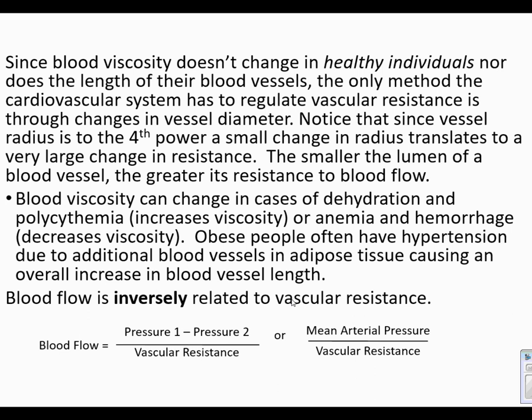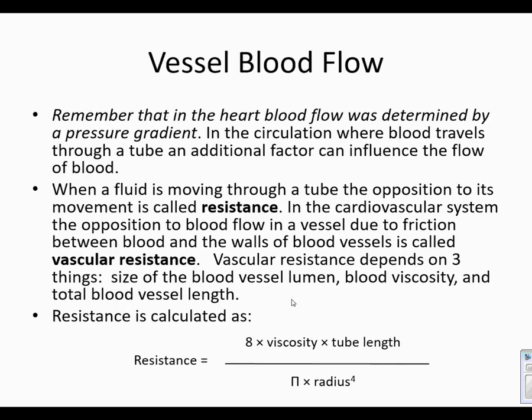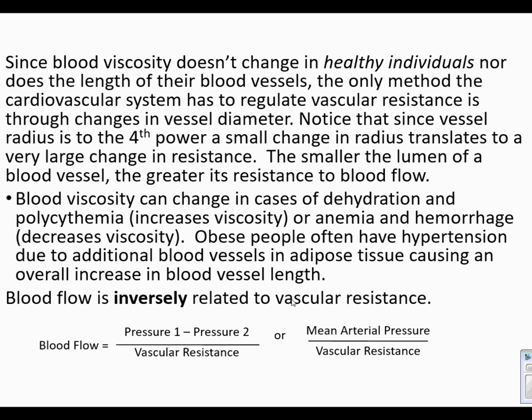So let me read off, and I already talked about a lot of this just a second ago. Since blood viscosity doesn't change in healthy individuals, nor does the length of their blood vessels, the only method the cardiovascular system has to regulate vascular resistance is through changes in vessel diameter. Notice that since vessel radius is to the 4th power, and that's what we showed on the previous page, a small change in radius translates to a very large change in resistance.